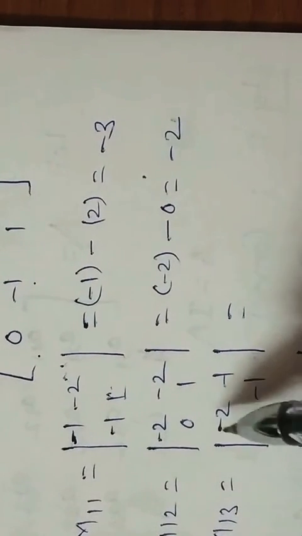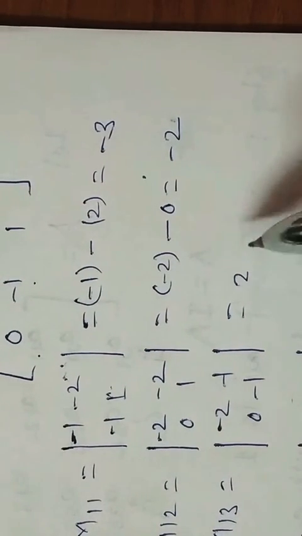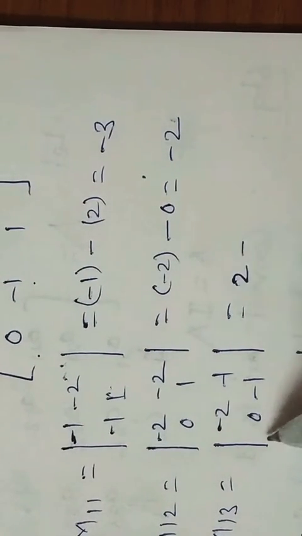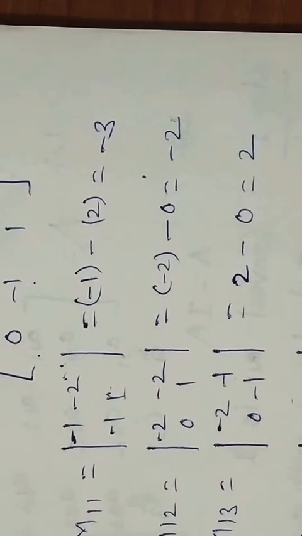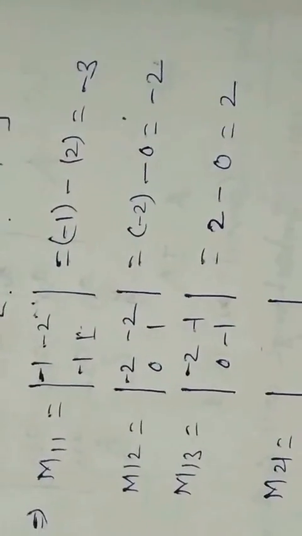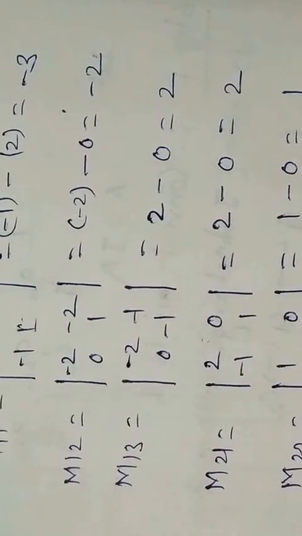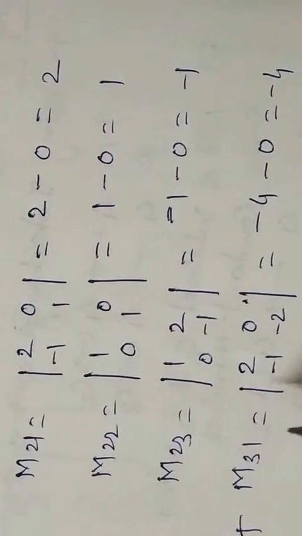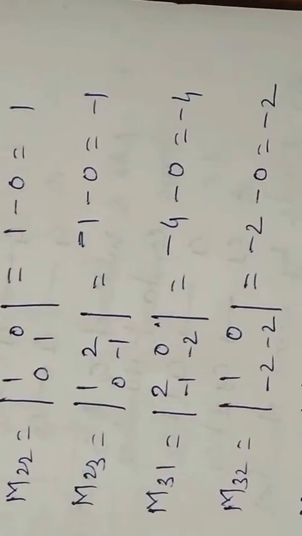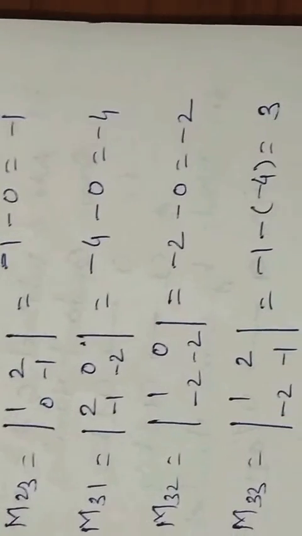Third, -2 into -1 minus 0 into -1, that is 2. Now the remaining are the others. Find out M21, M22, so we can find all the values of the minors, that is M31, M32 and M33. So these are all the values.